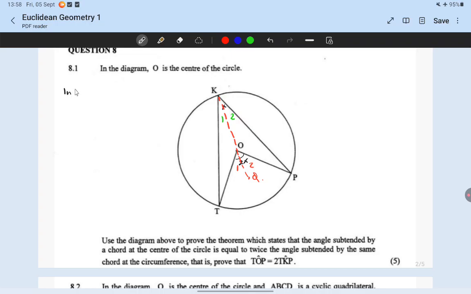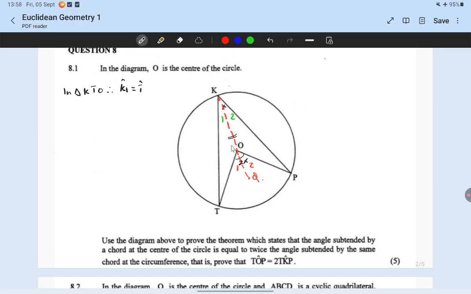So in triangle KTO, what do you see in triangle KTO? We can see that our angle K1 is equivalent to angle T. Why are they equal? Because you can see that OK and OT are equivalent.